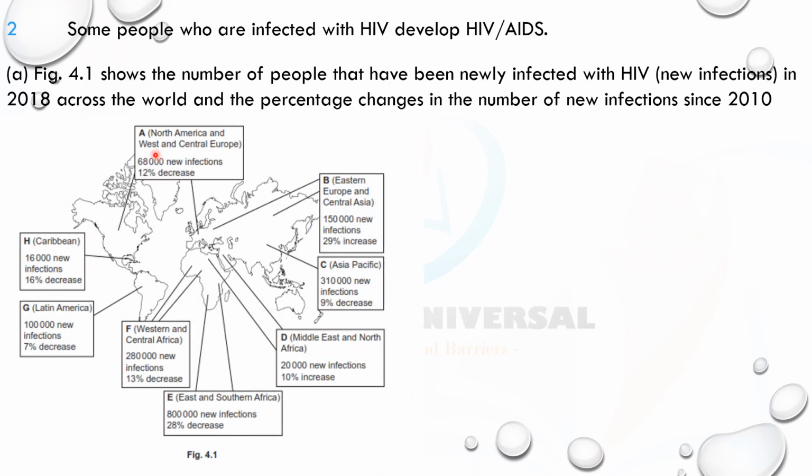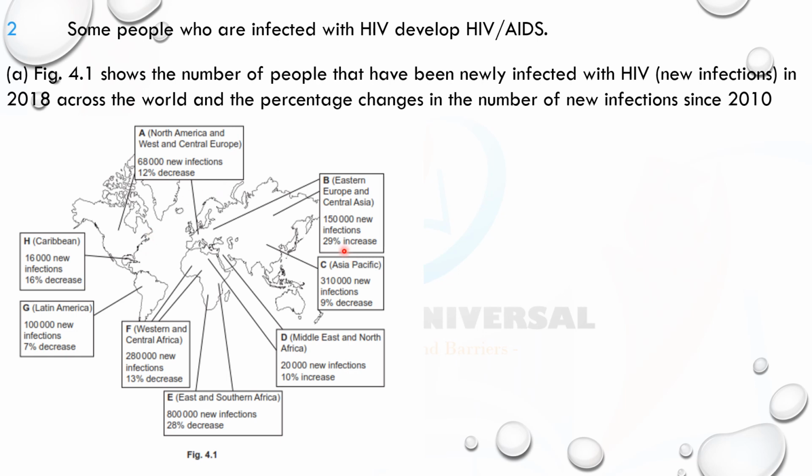See North America, West Central Europe, 68,000 new infections, but there's a 12% decrease. There's a 16% decrease, 7% decrease, 13% decrease, 28, and you see this 800 new infections. If you are asked to describe this, try to describe the trend. What trend do you see?